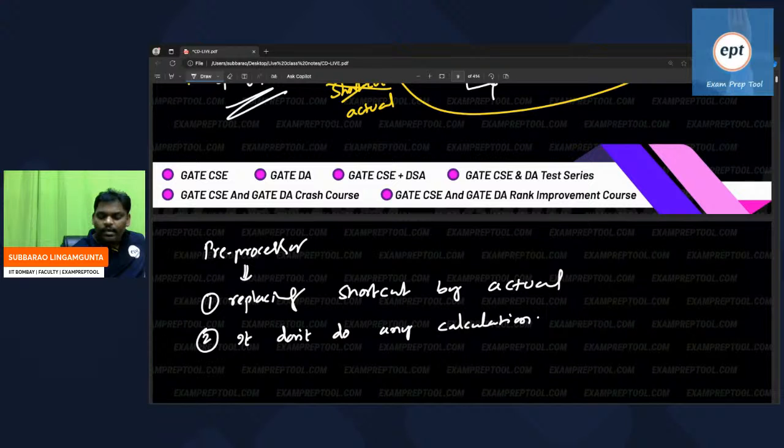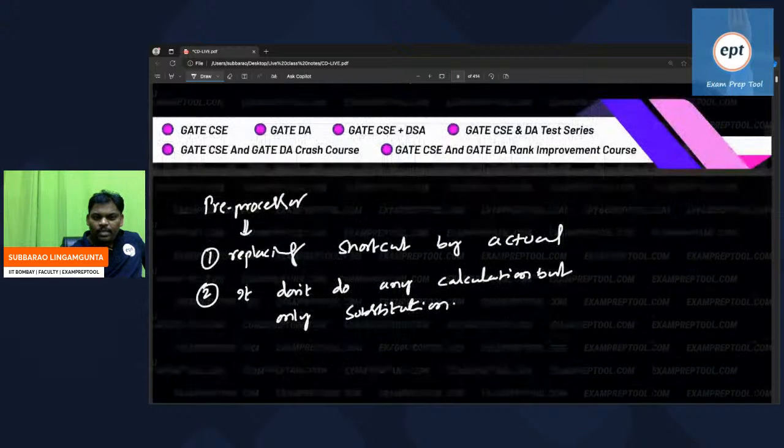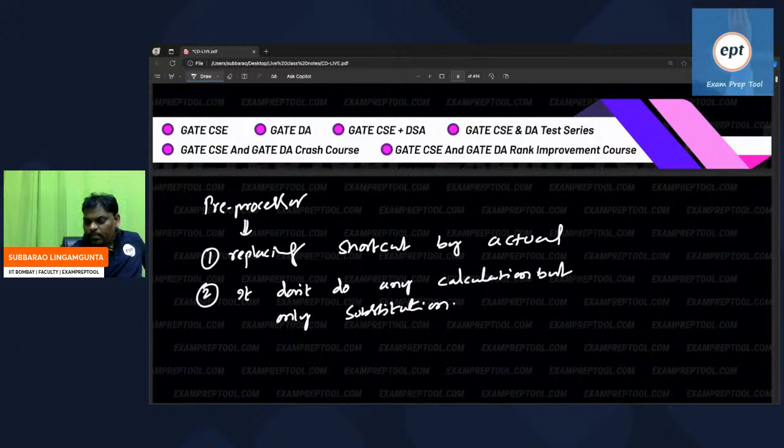The preprocessor purpose is replacing shortcut by actual. It doesn't do any calculation, but it will only do substitution.